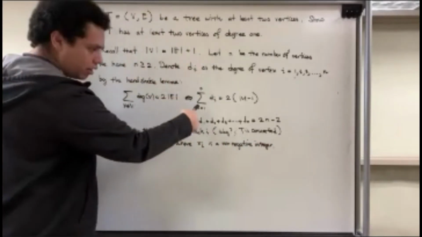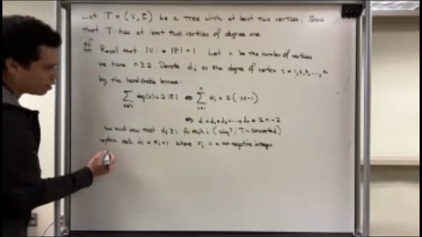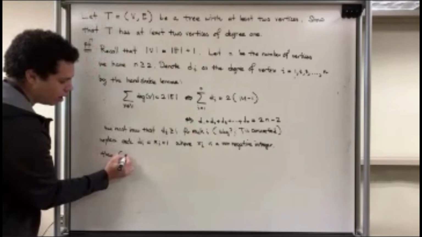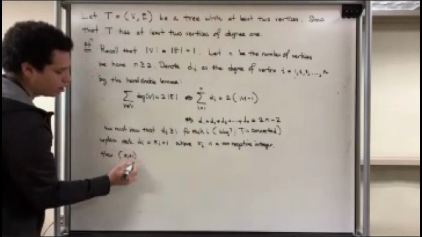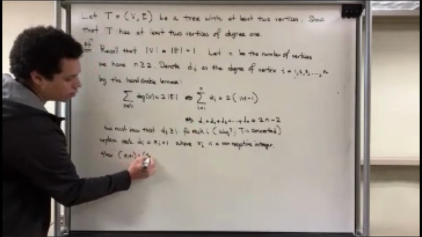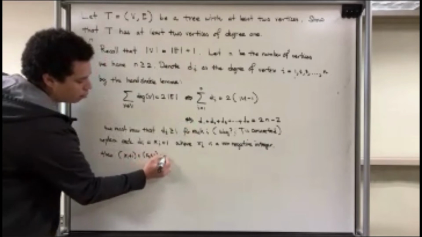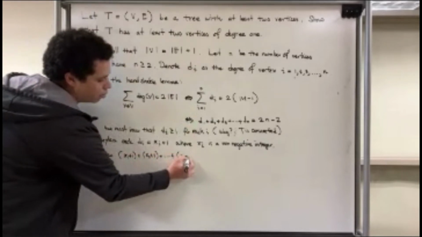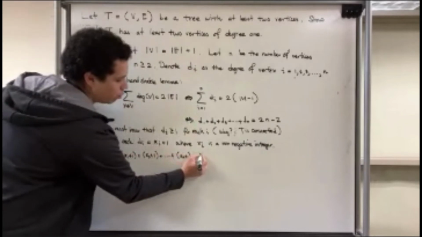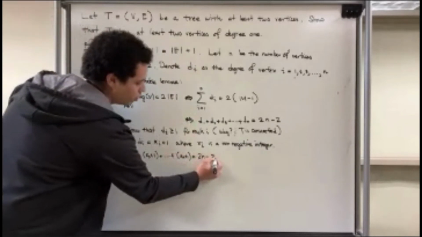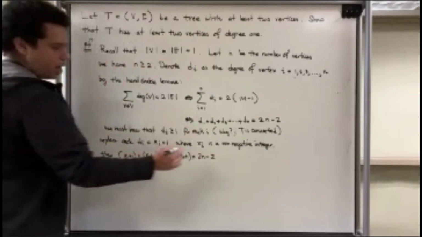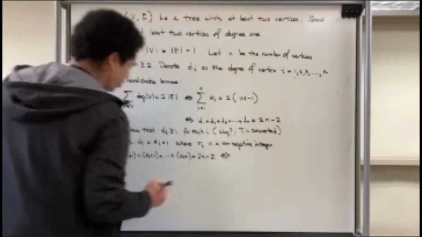But now, in this context, we obtain: x1 plus 1 plus x2 plus 1 plus and so on, plus xn plus 1 is equal to 2n minus 2. But now, from this one, I obtain the following equivalent equation.